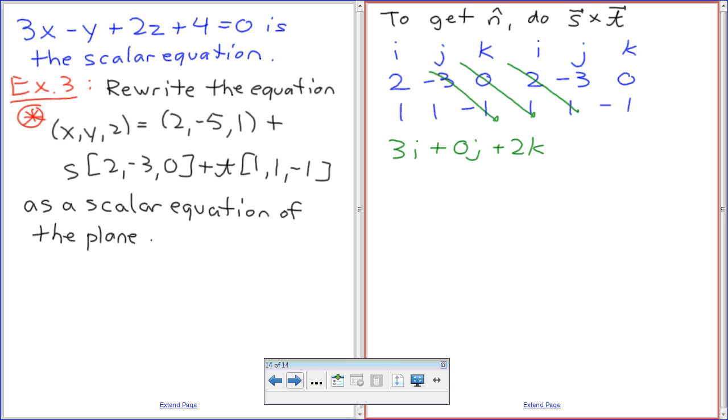Tanner, can you do the minuses for me, please? 0 and 1, 2, -1 and 1. Okay, so it's going to be minus 0i plus 2j plus 3k. Can someone confirm that for me? Yeah.